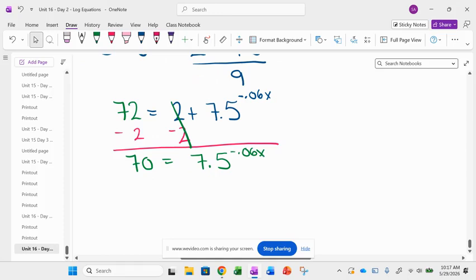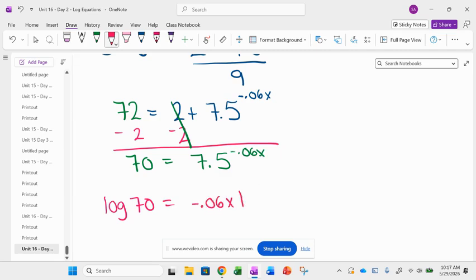What should I do now? Shiv? Log both sides. You got it. Common theme. So we're going to have log of 70 equals negative 0.06x log of 7.5. And because I'm solving for x, I'm just going to divide by negative 0.06 log of 7.5.